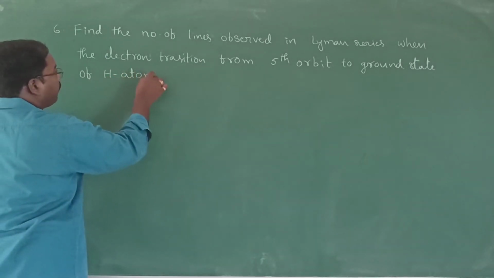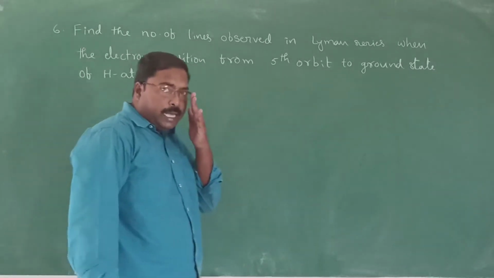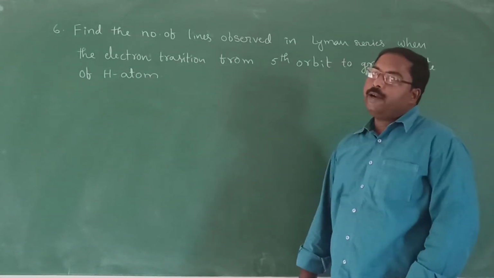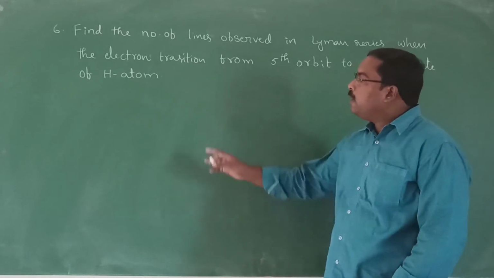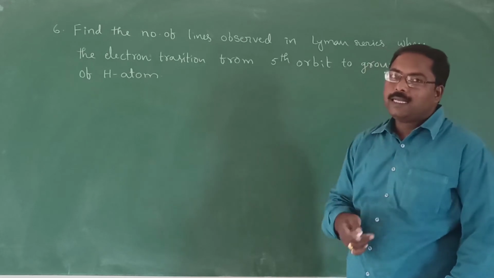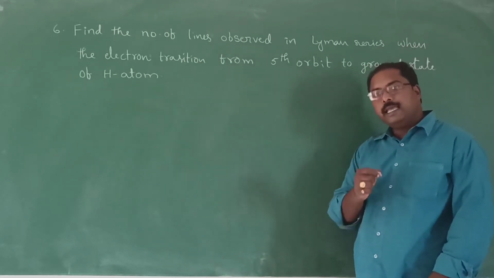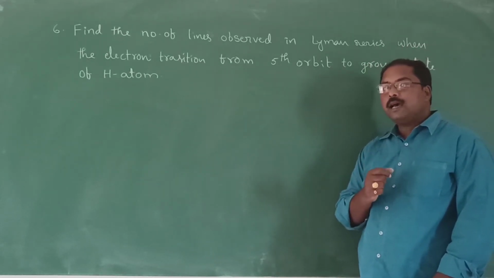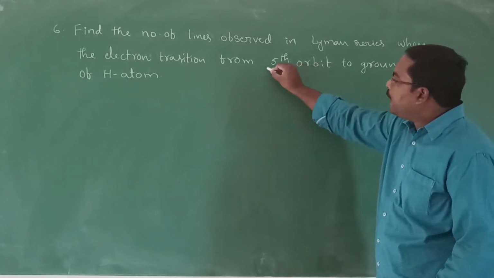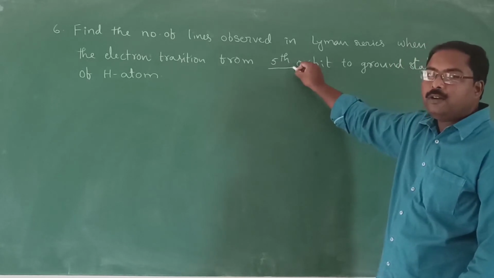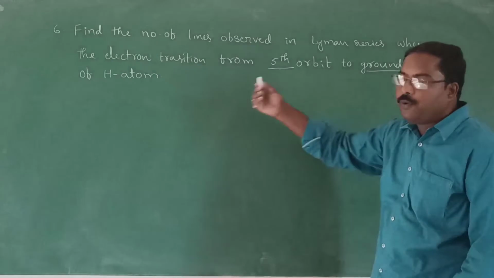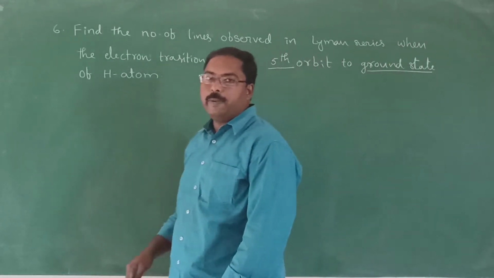Even in the previous class we discussed some examples. This question is different from those examples. In what way is it different? In the last two numericals we discussed, we calculated the number of spectral lines observed when the electron is jumping from the fifth orbit to the ground state of the hydrogen atom, which means the first orbit.